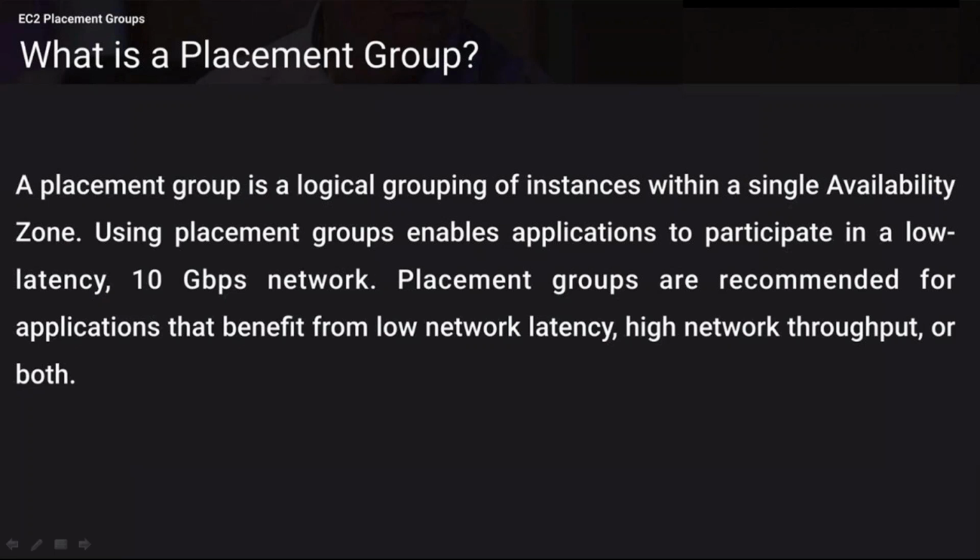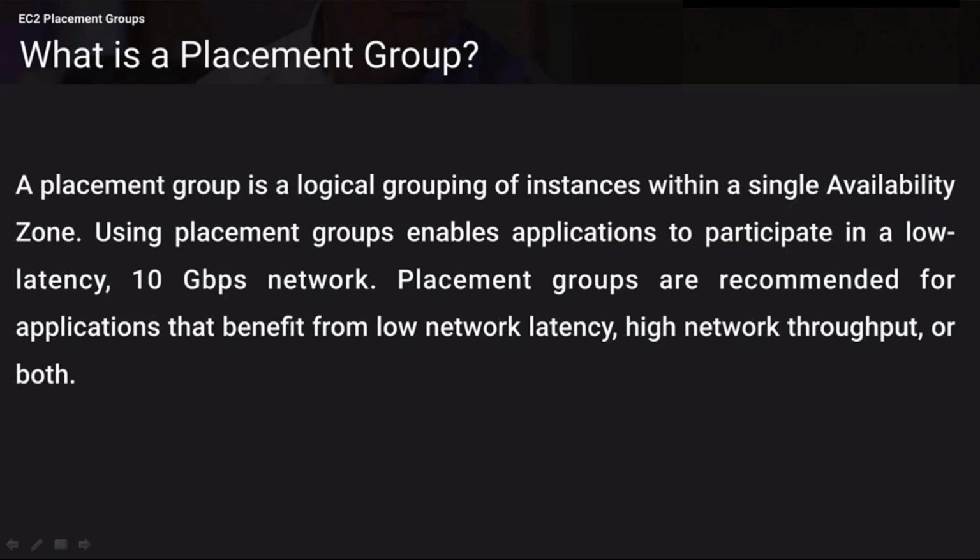Combined together, I'll be able to get the throughput and play around with it. So a placement group is about virtually combining the instances so that I get high network throughput, I can sustain the amount of traffic that is coming through, and I can deliver a response back faster as well.